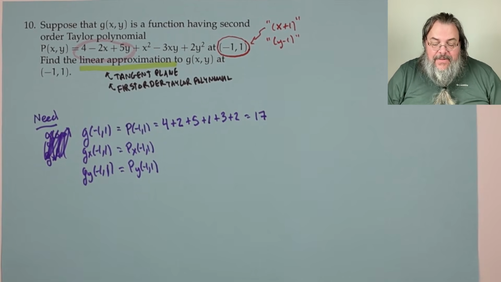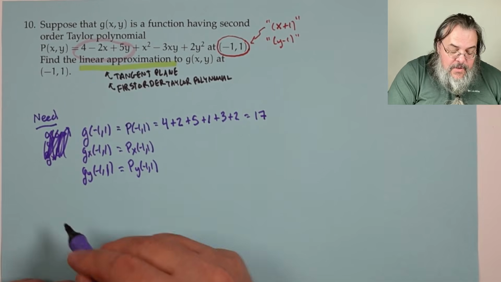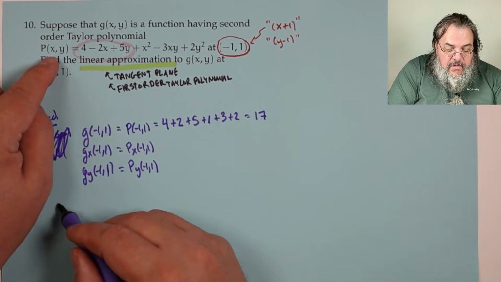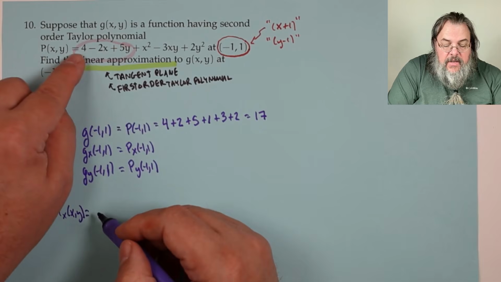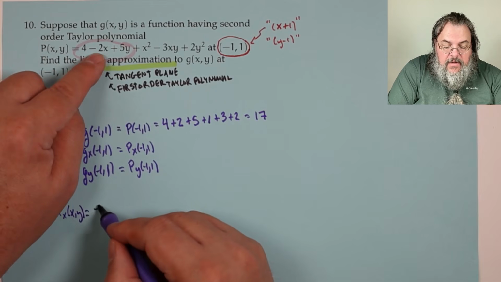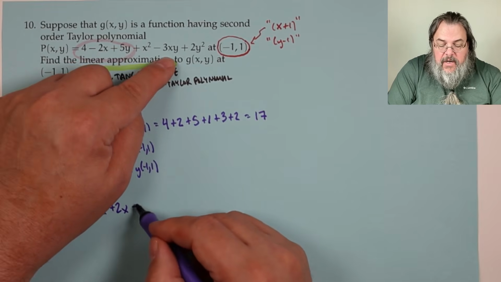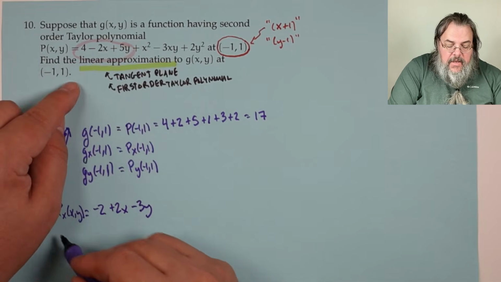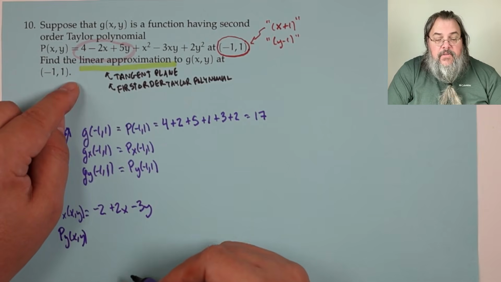We need two more terms. We need g sub x and g sub y. Well, for those, we'll compute the partial derivative. So p sub x of xy, we'll write that down here. Take derivative with respect to x, we get negative 2 plus 2x minus 3y. And while we're at it, in the derivative mode, we'll do p sub y.